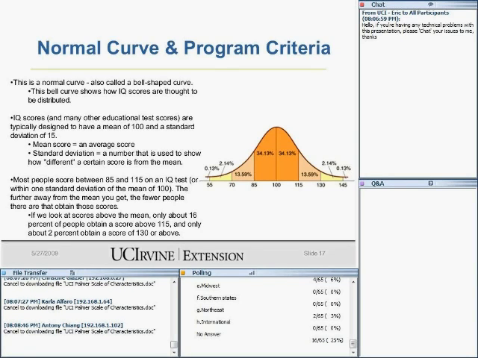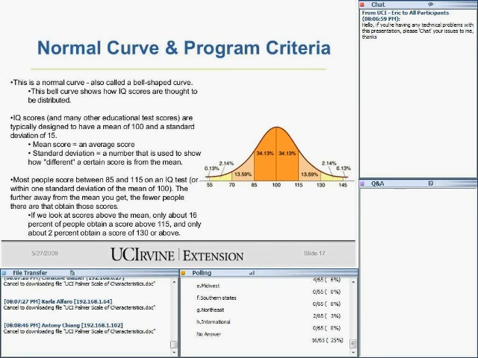Only about 16%, and about 2% get 130. 2 out of 100 get 130, and less than 1% get 145 or above. So that's the way IQ scores are looked at, and that's the way most standard scores in any educational test are looked at, where the test is set with a mean or average score of 100, and a standard deviation of 15.